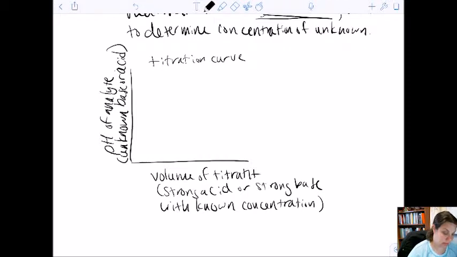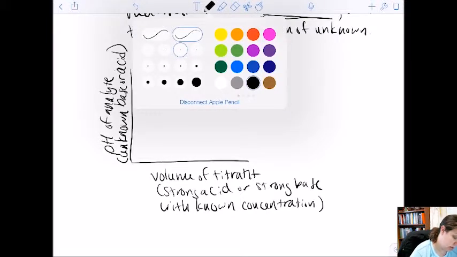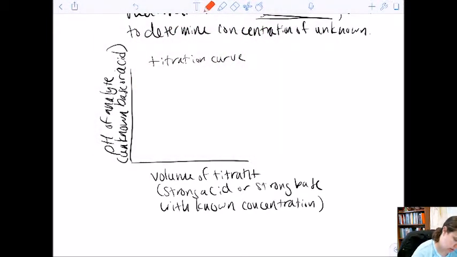Now, let's say we have an acid titrant and a base analyte.